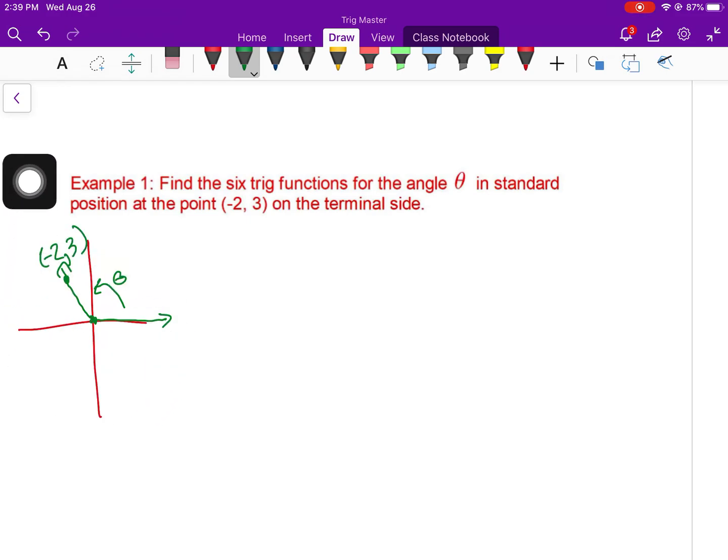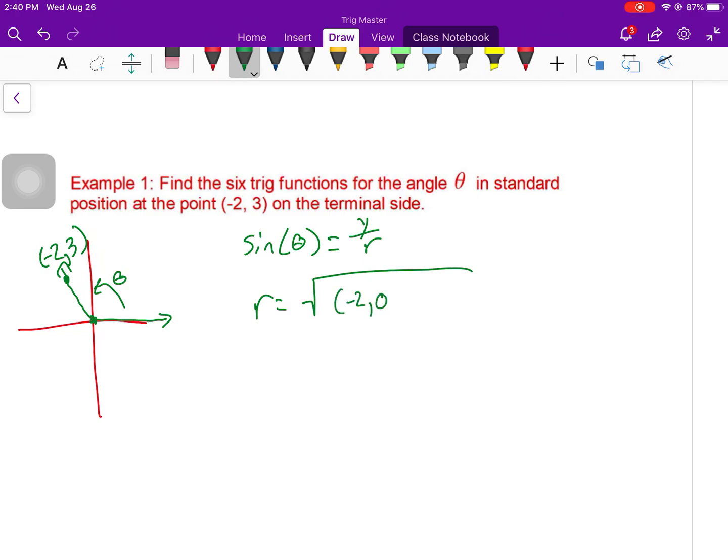Now the way that we get our circular definition, it was sine of theta equals y over r. Okay, so I need to know what r is. So r is just the distance between the origin and that point. So it's the distance formula. So I've got -2 minus 0 squared plus 3 minus 0 squared. -2 minus 0 is -2.